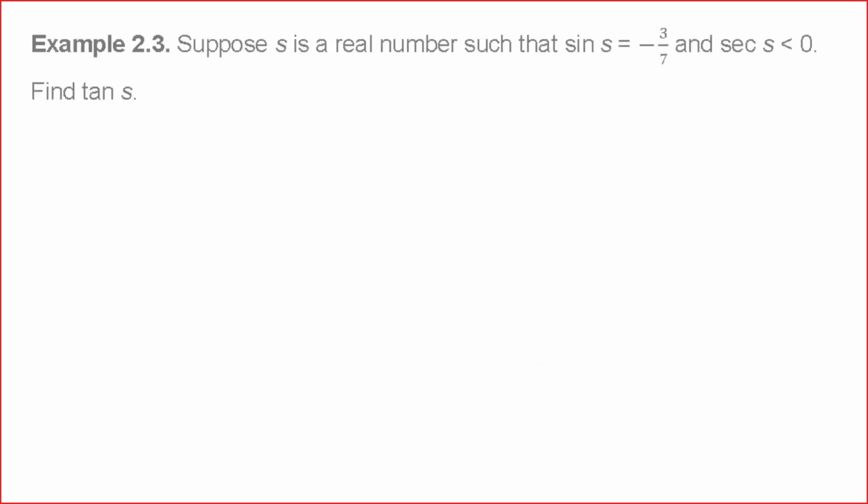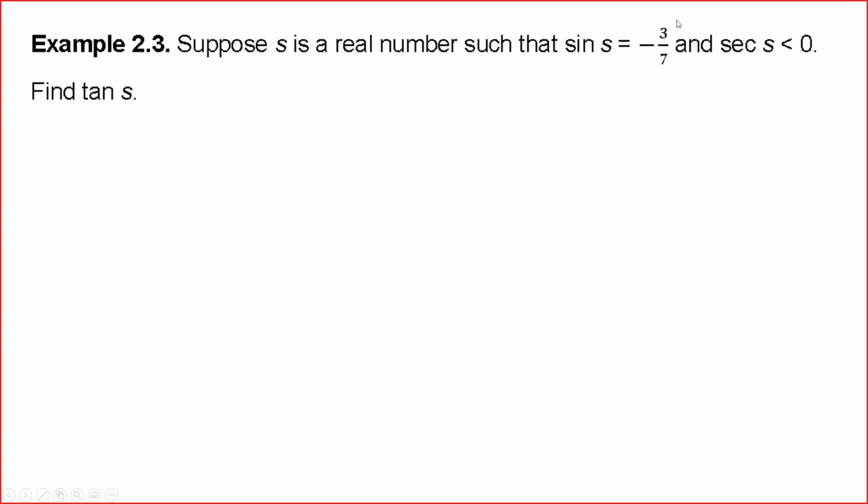Okay, suppose S is a real number such that sine S is equal to negative 3 over 7 and secant S is less than 0. Find tangent S. Now take note that for sine S, since we have negative 3 over 7, you cannot find this one in our unit circle.